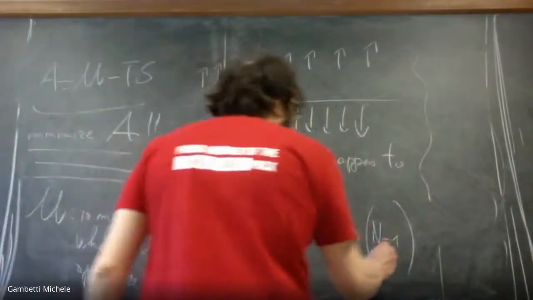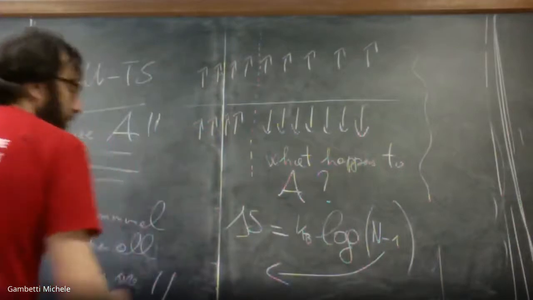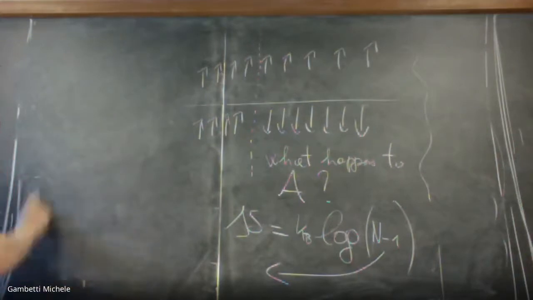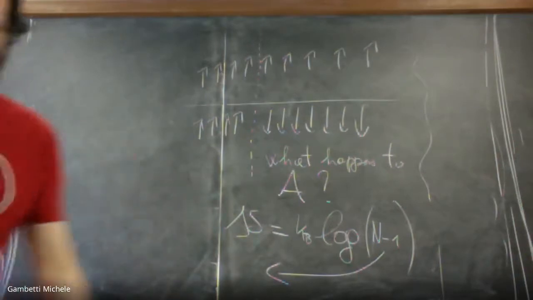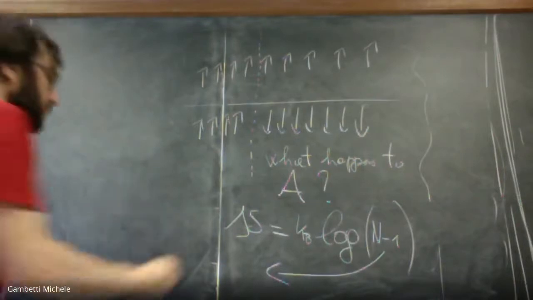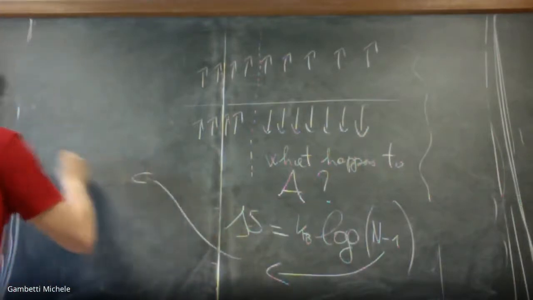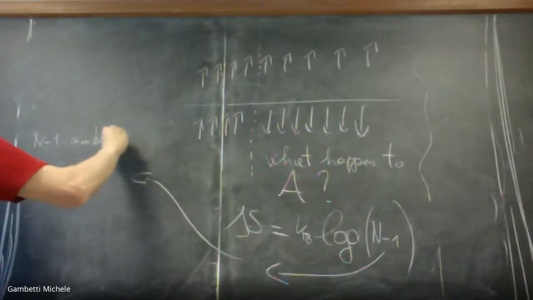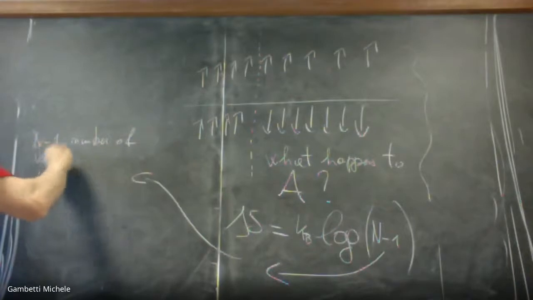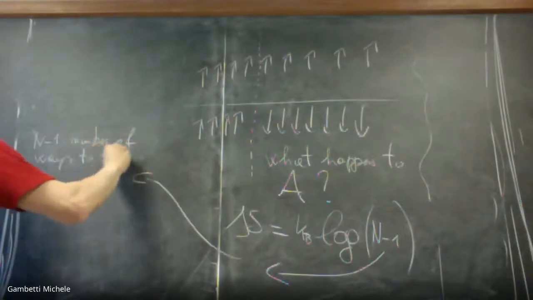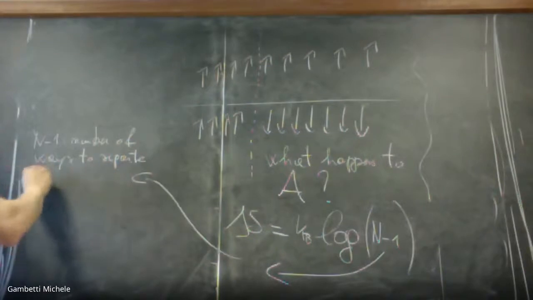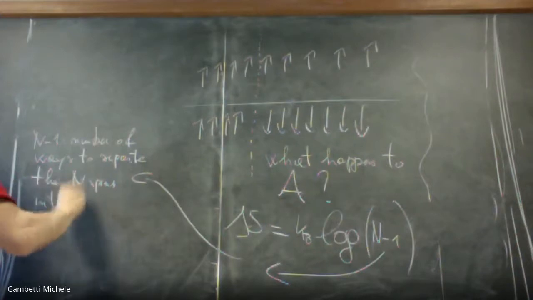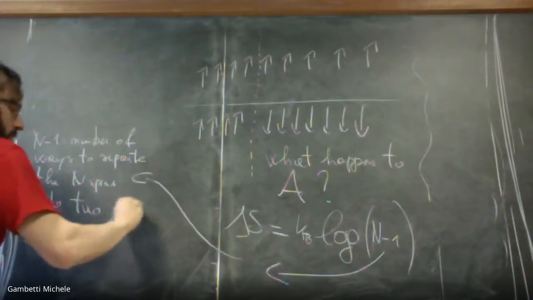So this n minus 1 corresponds to the number of ways to separate the n spins into two groups.